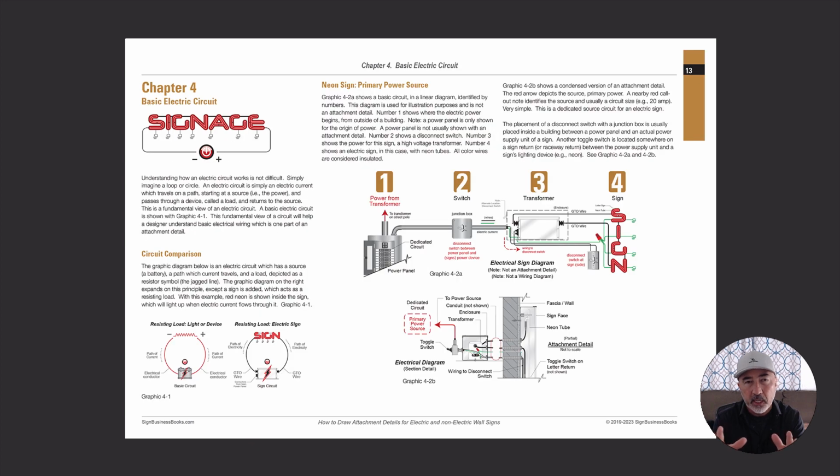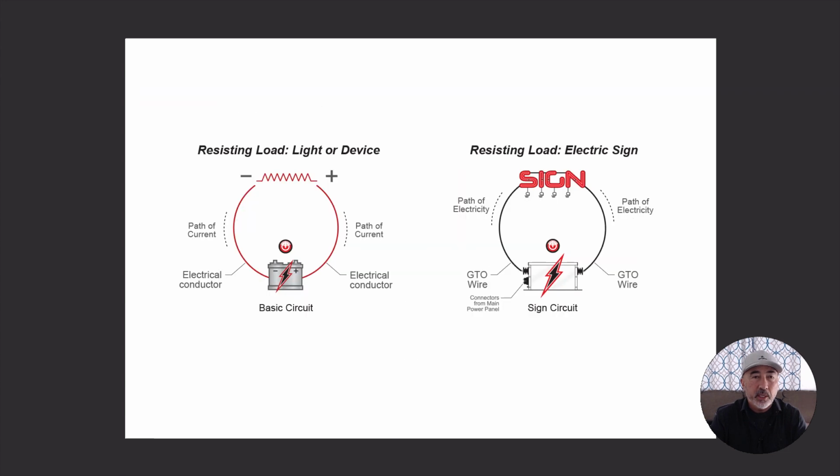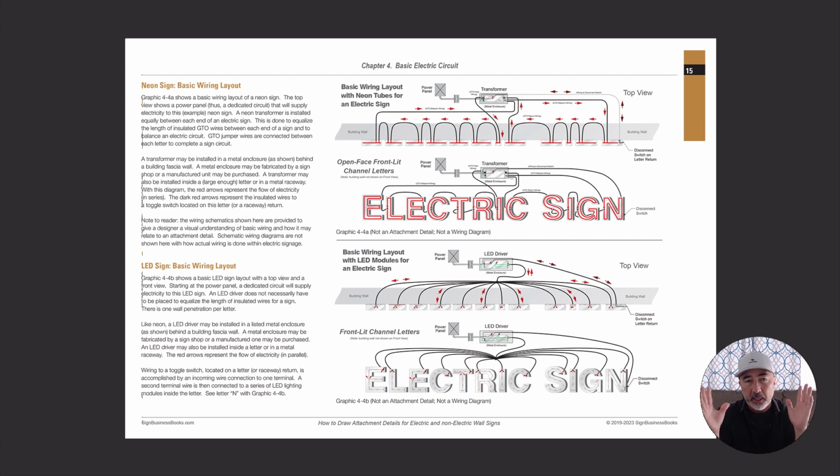Chapter 4, titled The Basic Electric Circuit. In this chapter, a designer does not need to be an electrician to become a good electric sign designer. This chapter was included so that a designer is aware of the basics of an electric circuit. All internally illuminated signs will usually have either LED modules as lighting components or neon tubing within the channel of a sign.